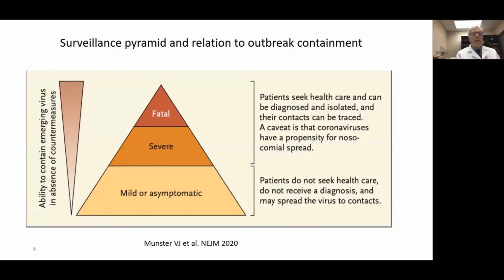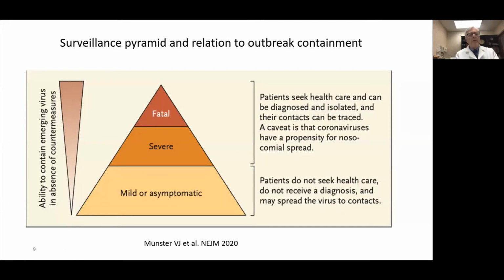And this just looks at a pyramid in the middle of this slide, of patients who have mild or asymptomatic infection, more serious infection, and then obviously fatal infection. I want to compare this with SARS, which occurred primarily in Southeast Asia and in China about 20 years ago, because in that infection, almost all patients who were infected actually became ill. And they didn't tend to transmit the infection until they became seriously ill.